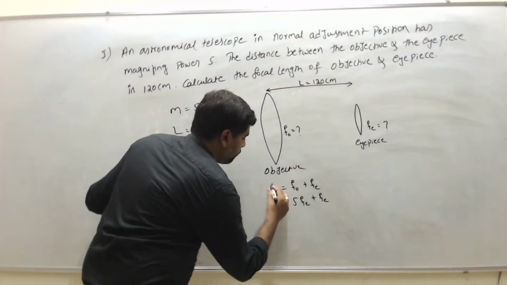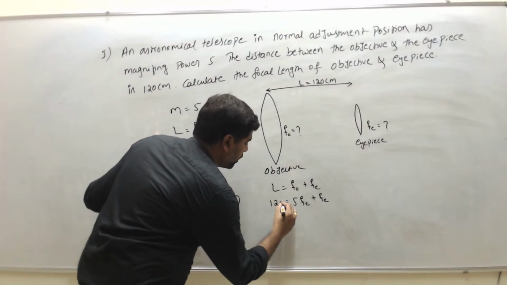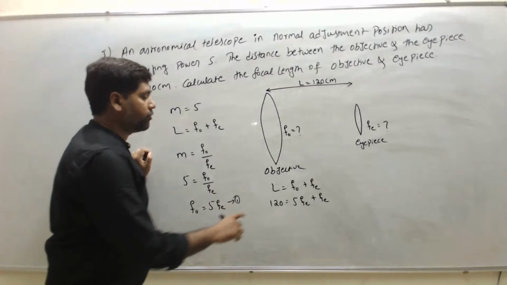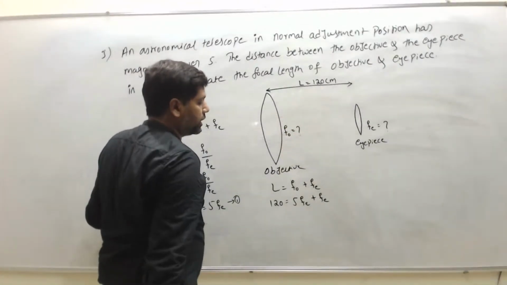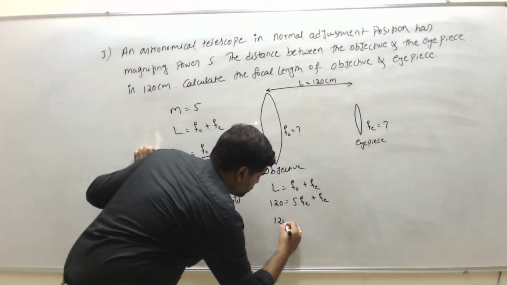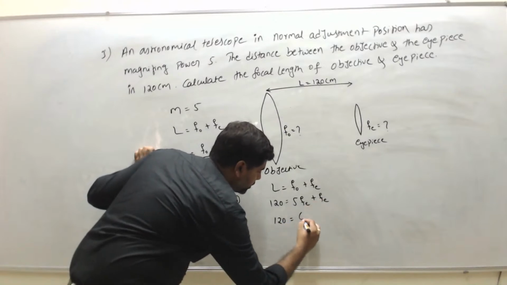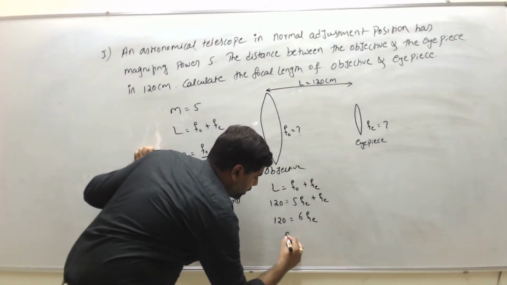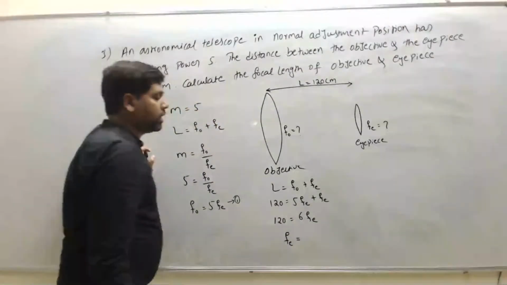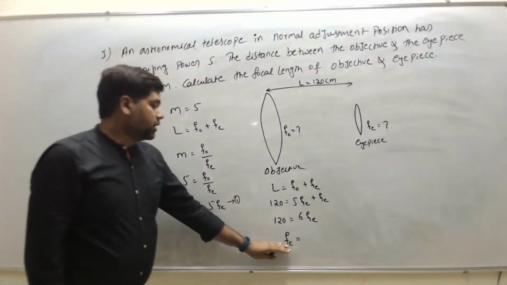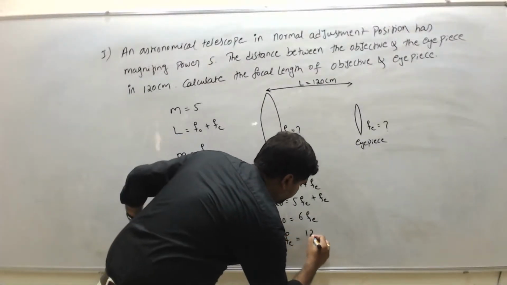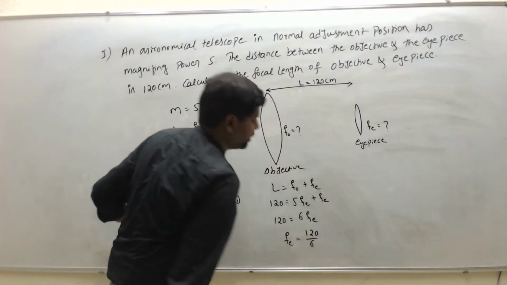The value for L they have given is 120 centimeter. So 120 is equal to 5 FE plus FE is 6 FE. Then FE, that is the focal length of the eyepiece, is equal to 120 divided by 6.